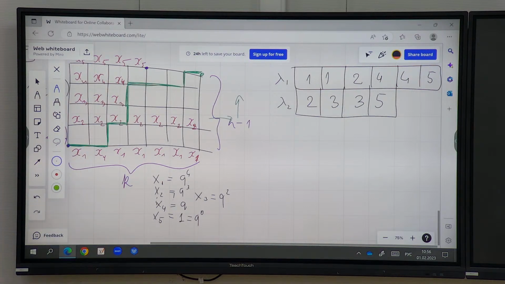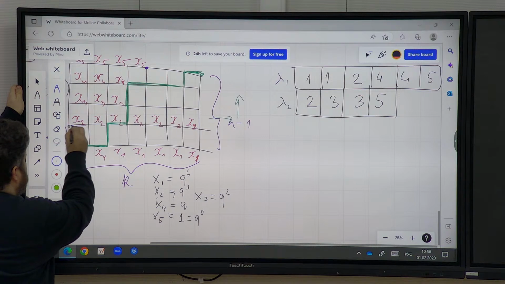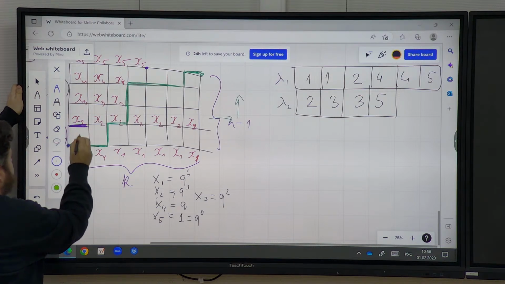So tell me how it looks. There will be one horizontal step corresponding to x2, right? So over here.